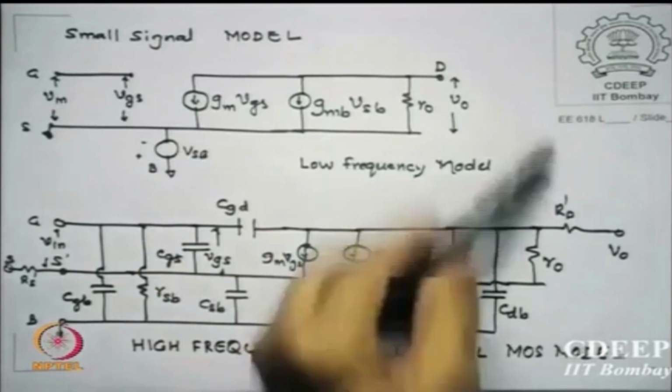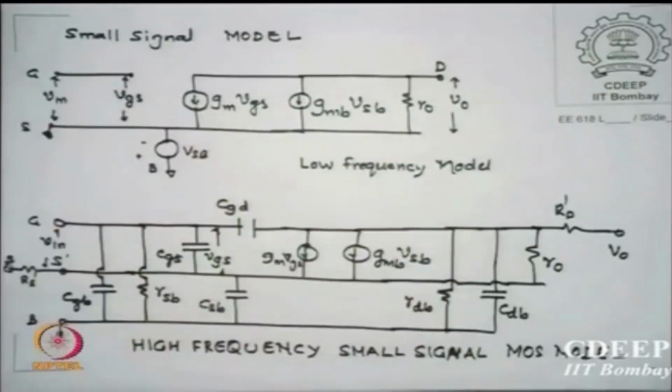Now this is the low frequency model, and in many cases we are interested in the MOSFET or MOS circuit's bandwidth, which is the frequency range in which gain is reasonably constant. For those frequencies we will require capacitances, and this equivalent circuit is called the high frequency small signal model.